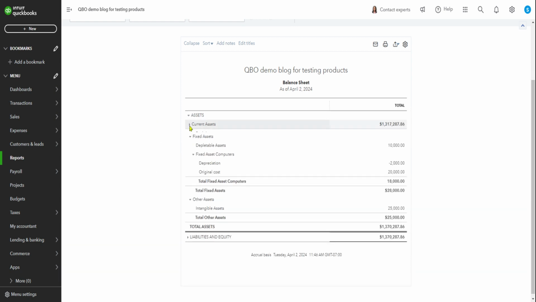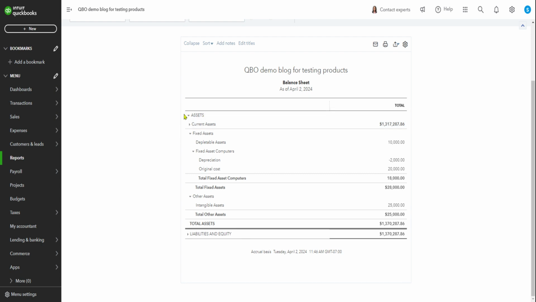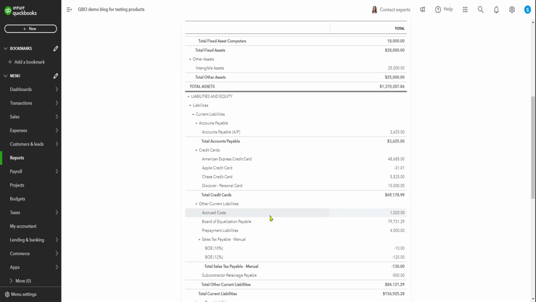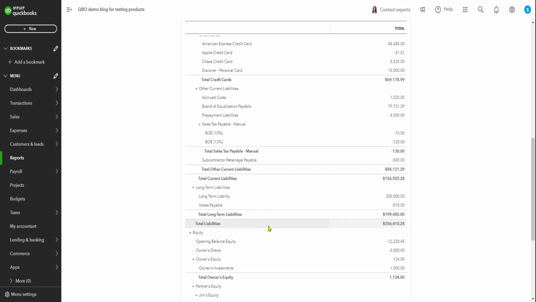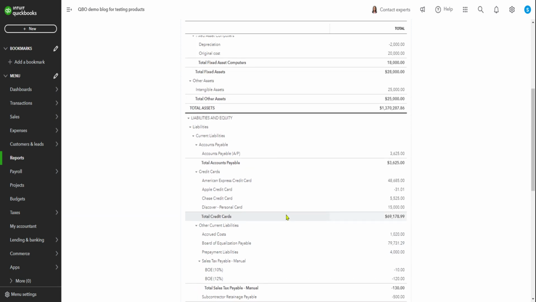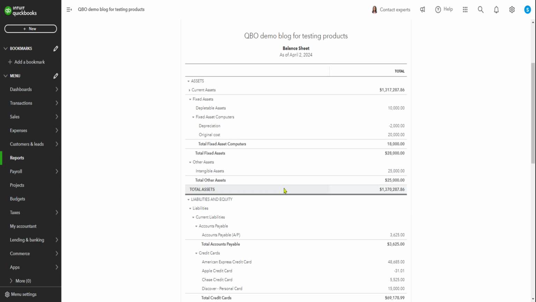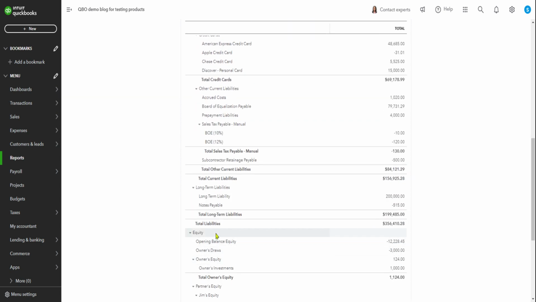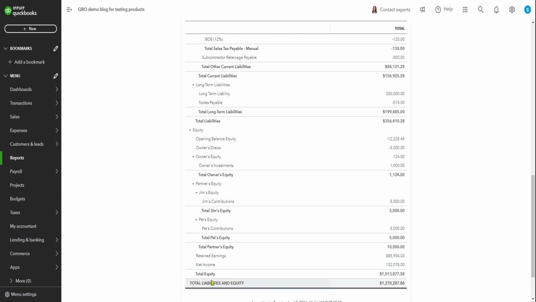So basically, you have assets and you have liabilities, and then you have the equity. So the assets minus your liabilities are equal to your equity line.